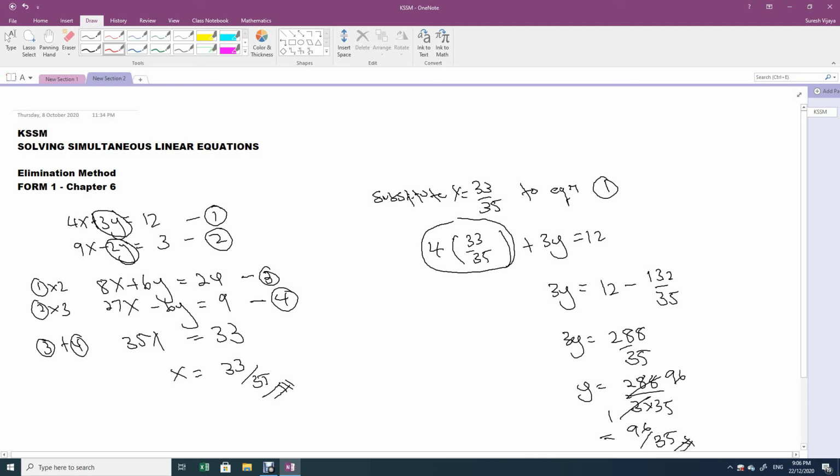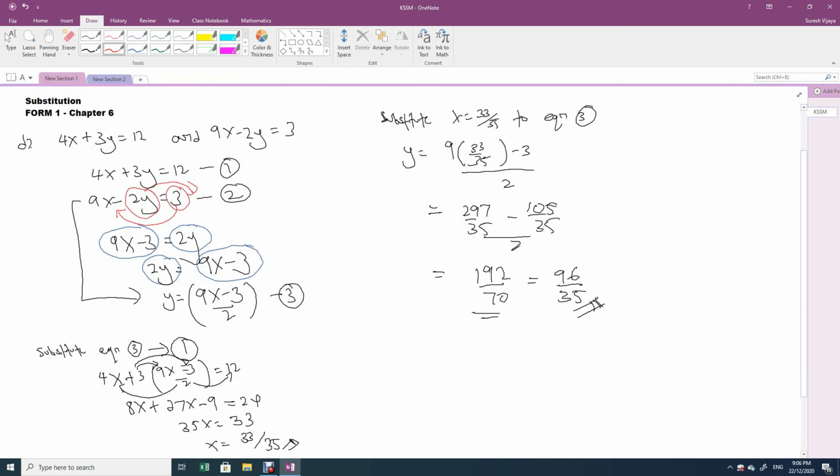What we need to do next is verify whether this is correct. How can we do that? You just refer back to the earlier substitution method that we have done. You see, x is equal to 33 over 35, and y is equal to 96 over 35. So it's similar.